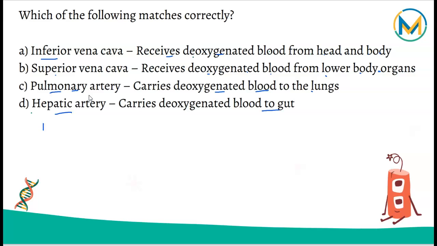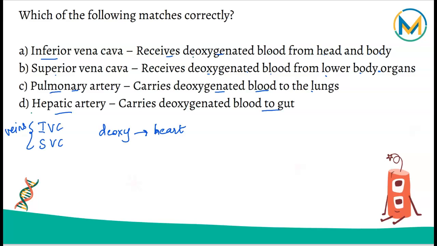So first let's see what each one does. Inferior vena cava and superior vena cava are both the largest veins in our body, which carry all the deoxygenated blood from various parts of the body to our heart, from where it's sent for purification to the lungs.